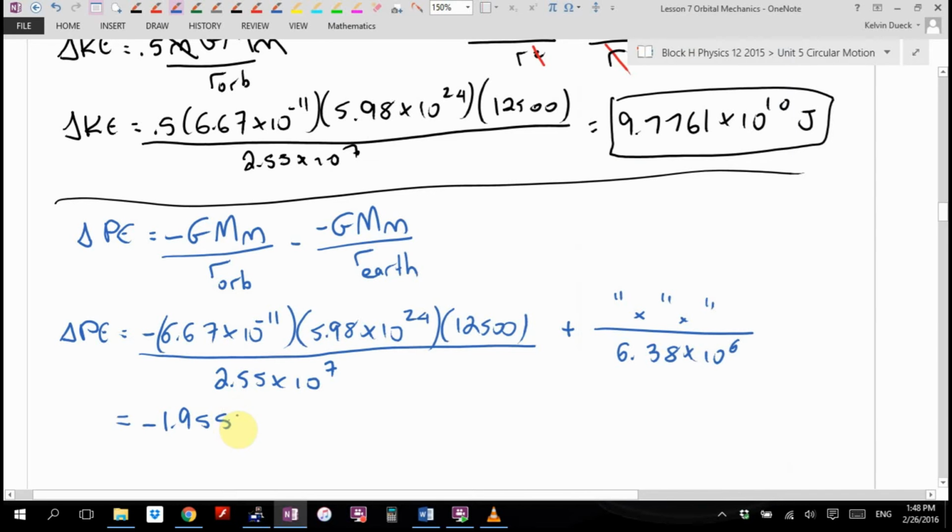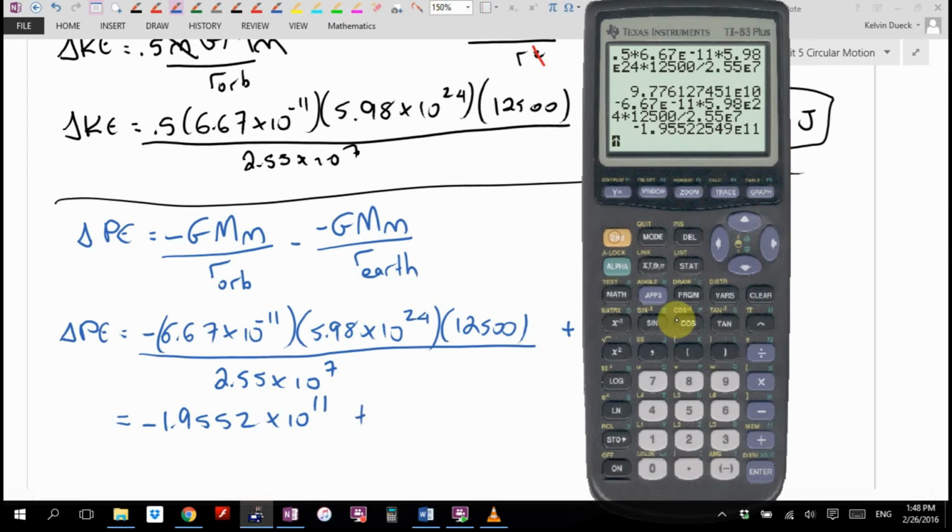And then if I want to find the initial, I backspace. I change the minus sign to a plus sign.